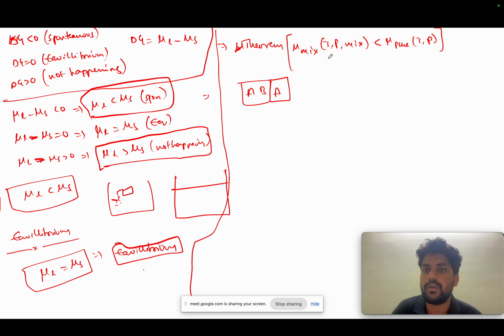As we saw in the example of liquid and solid, the higher chemical potential goes to the lower value. Here also the same happens: the A will try to go to the AB. This is what we can prove.